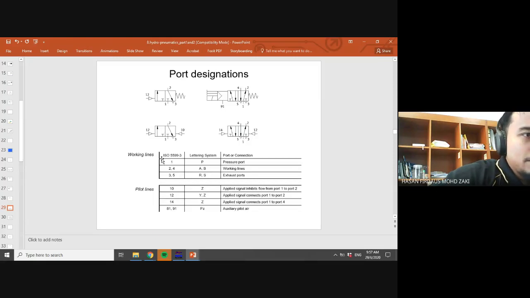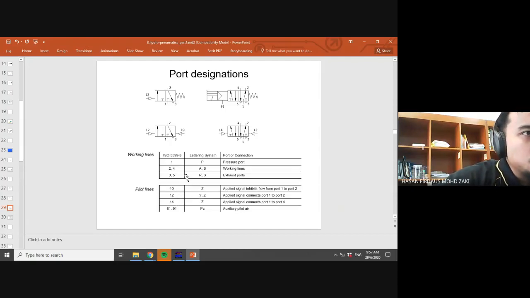Port 14, or port 1-4, applied signal connects port 1 to port 4, meaning you have the flow from port 1 to port 4. So you have 10, 12, 14.